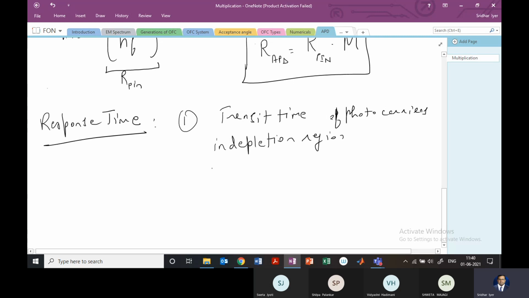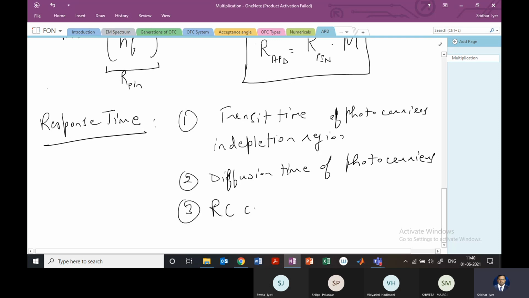That means how long they take to go from the depletion region to the PN region, right? That is where they are going to be impact ionized, and further multiplication will take place. Next is the diffusion time of photocarriers, and how long they are active and then how they diffuse out.